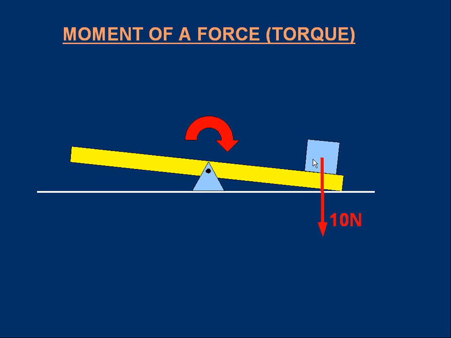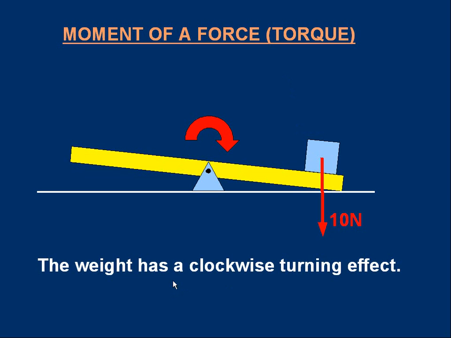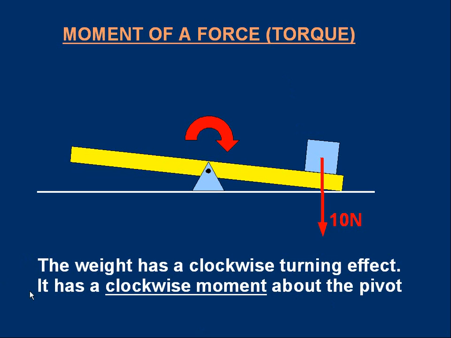So the whole seesaw has rotated clockwise because of this force on the right hand side. So we could say that the weight has a clockwise turning effect, or to use the language we want to, we can say the weight has a clockwise moment about the pivot. It's got a tendency to make this thing rotate clockwise about the pivot.